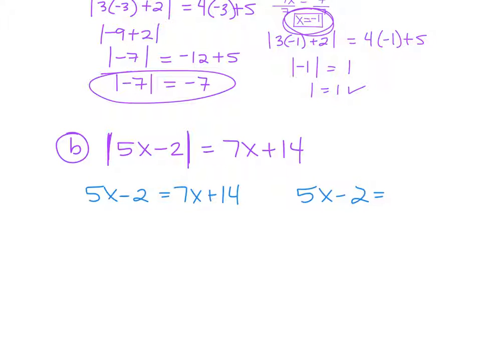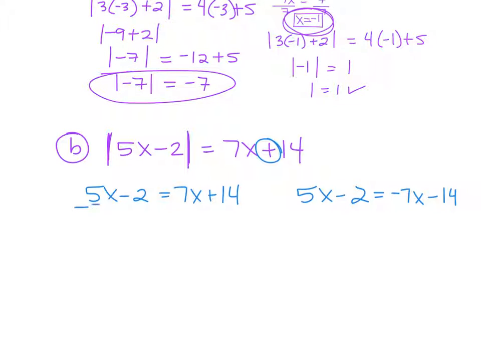I don't need to see you show me the distribution of that. You're welcome to, but if you're putting a negative out in front, it's making both parts negative, right? Negative 7x minus 14. So if this was a minus, it's going to become a plus, right? Just be careful that you're making it the opposite of what it currently is, okay?